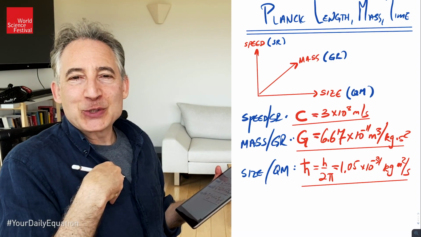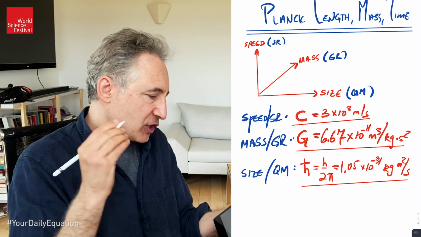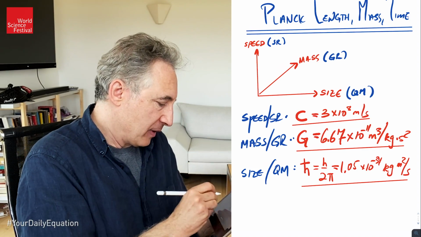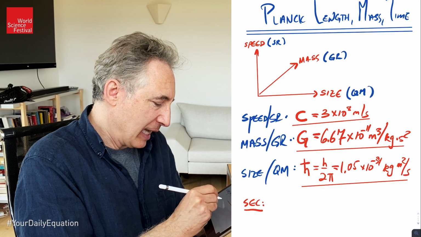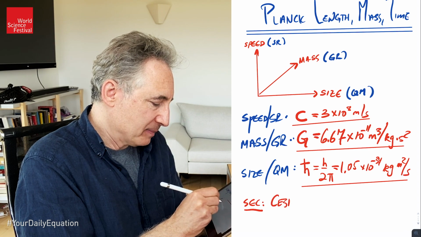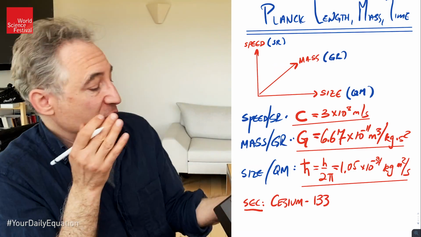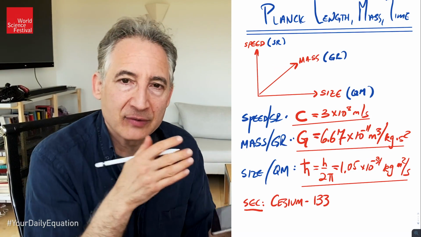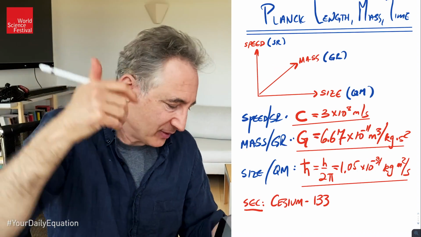Now, as we understand the world better, we do more sophisticated things. So where does the second come from now? So the second comes from actually looking at a cesium atom, cesium-133 atom. And when you excite it, what happens is the atom emits some radiation as it falls back to a less excited state.